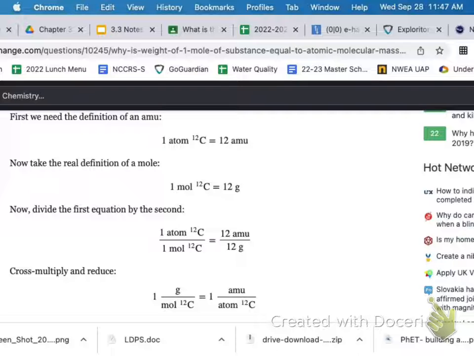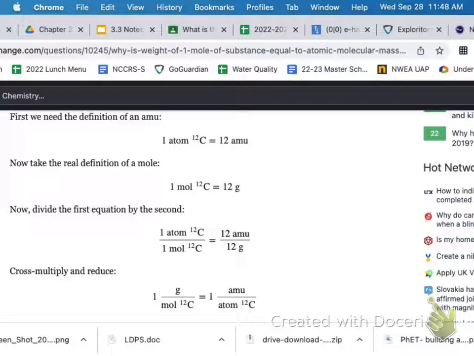Okay? So, if 1/12 of a carbon-12 atom is 1 unified atomic mass unit, then 1 whole carbon-12 atom is 12 of those. And 1 mole of carbon-12 is equal to 12 grams, so 1 AMU, or 1 unified atomic mass unit, is the same as the mass in grams.